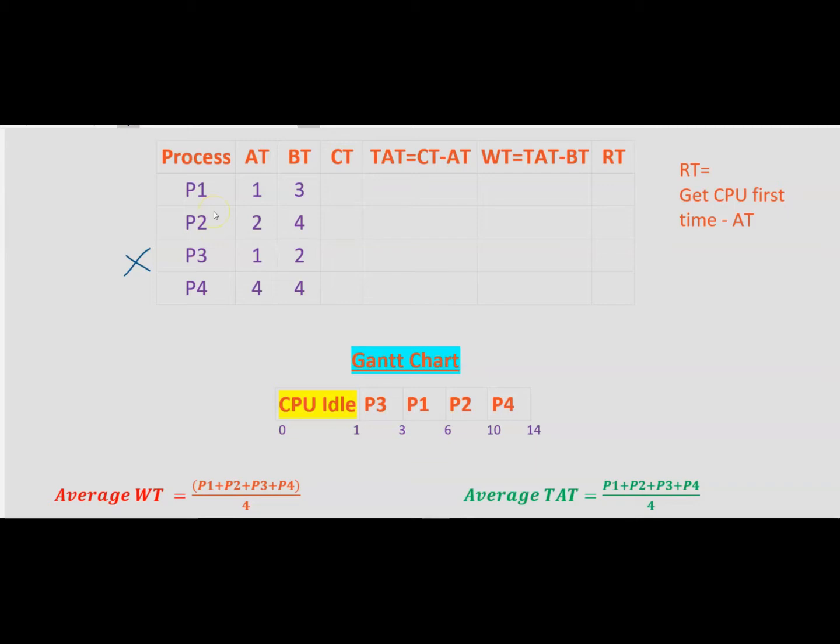Out of P1 and P2, which process will get the CPU? Again, we compare the burst time. Out of P1 and P2, P1 has the least burst time. So the CPU will be allocated to the P1 process, and for how much time? For 3 milliseconds. So 3 plus 3 is equal to 6. Again, I am crossing out P1.